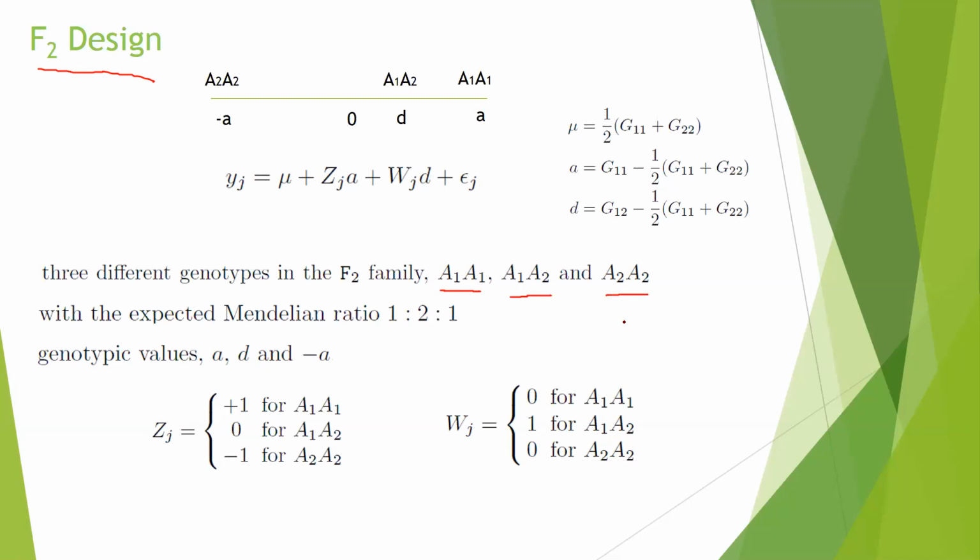So the midpoint, the additive effect, and the dominant effect can all be estimated using your data. Then we're going to use a multiple regression model. A multiple linear regression model means we have a single response variable, but more than one predictor variable.